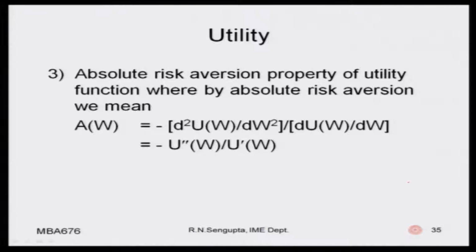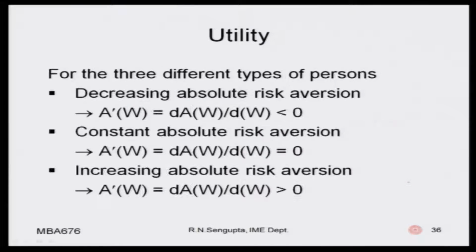Now there are two terms which we will consider, as I mentioned, the absolute risk aversion and the relative risk aversion. Without going to the proofs, I just state the formulas as they are. So A(W) would be minus the ratio of the double derivative of U(W) divided by U(W)'s first derivative, and its implication we will come to later on.